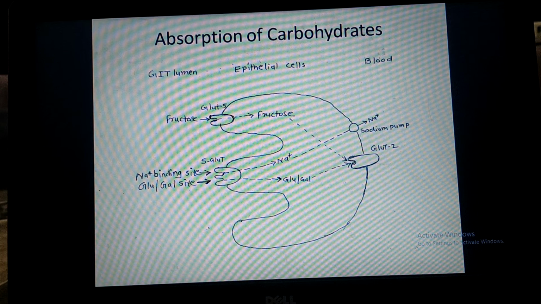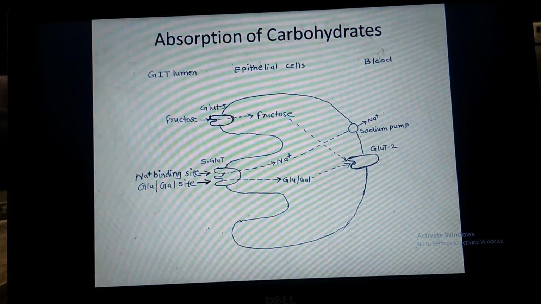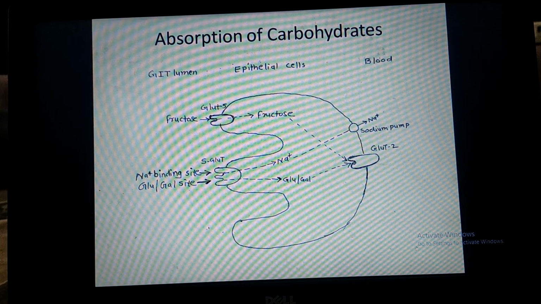This transport does not require energy, and it transports only 1 molecule at a time. So it is called uniport type of transport, and as it does not require energy, it is called facilitated diffusion.